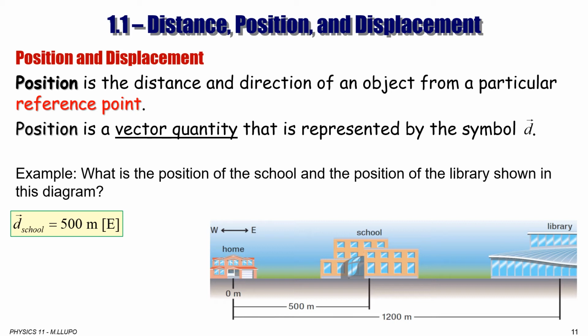So that's why it's 500 meters east. And the library is 1200 meters east. So if you start from your home and you want to go to the library, you have to go toward the east direction, 1200 meters toward east.